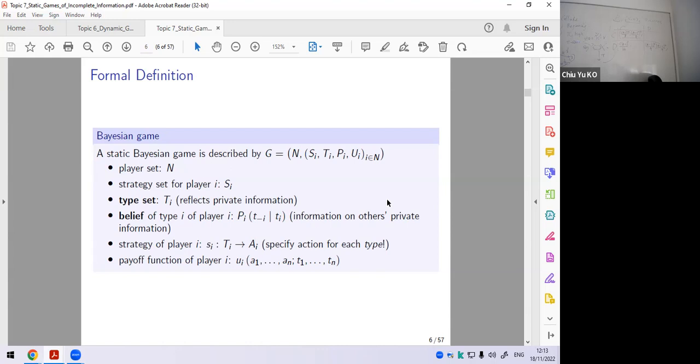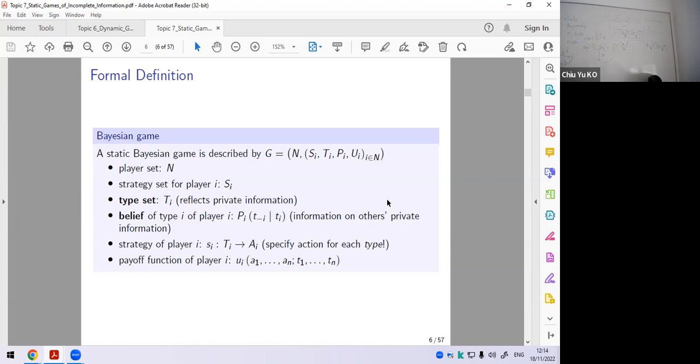So the game is like the following: the player set, payoff U, strategy S. The difference is T and P. T is a type, and P is belief. Your type tells us what kind of action you take and what the payoff is.